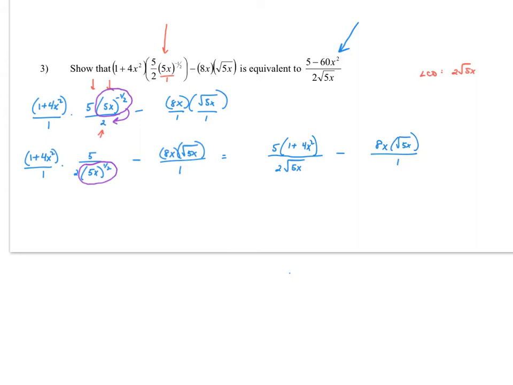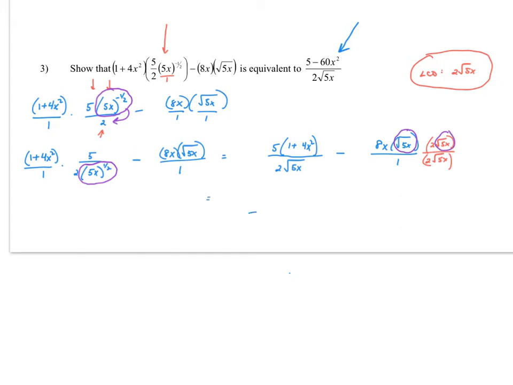In order to add fractions, we need a least common denominator. In this case, the least common denominator is 2 root 5x. So we need to multiply the second fraction by 2 root 5x over 2 root 5x. Remember that root 5x times root 5x is equal to 5x.